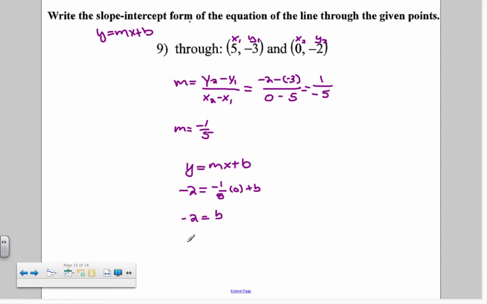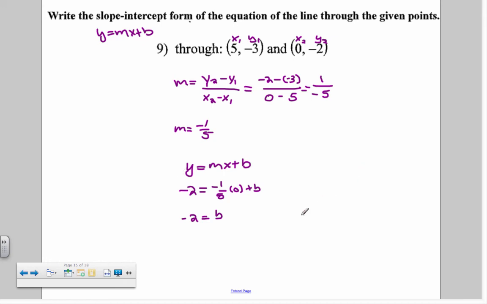Now again, you could have said, hey, Mrs. Herrera, I knew that already. I knew that my y-intercept was going to be negative 2 because all y-intercepts are 0, comma, some number. So I knew just by looking at this point that 0, negative 2 was my y-intercept. If you didn't recognize that pattern, you can still plug it in, and that's fine.